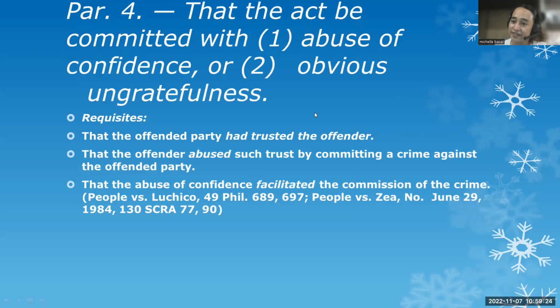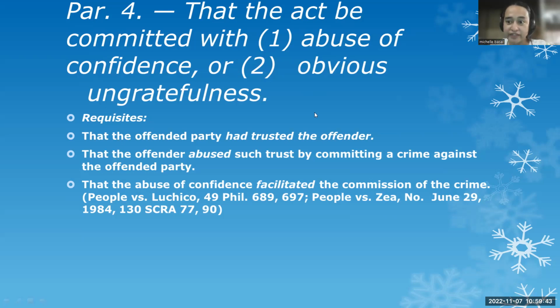So there was a domestic helper, correct? In the house. So naturally, if that domestic helper has already been with the household for several years, the employers would trust that domestic helper.